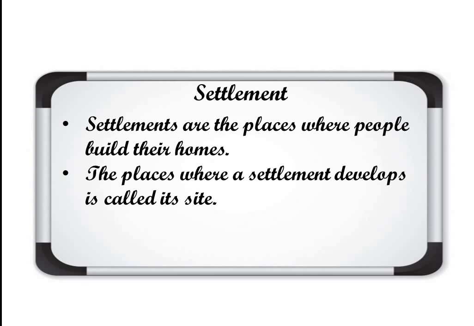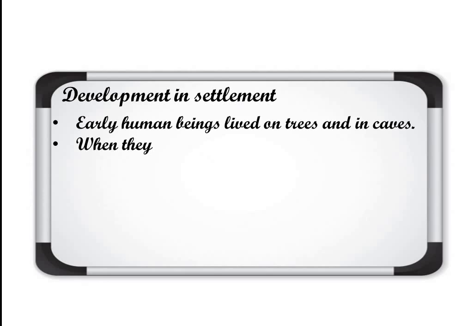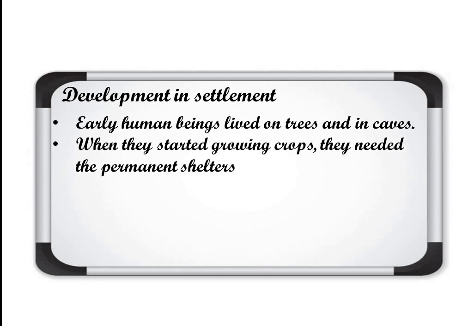So these are some of the conditions that people think about before building the settlement. Now, the next thing that we have covered was development in settlement. Means from the past till now, what development took place in settlement. Early human beings lived on trees and in caves. When they started growing crops, they needed permanent shelters. As we know, in the beginning human beings were just dependent on nature.